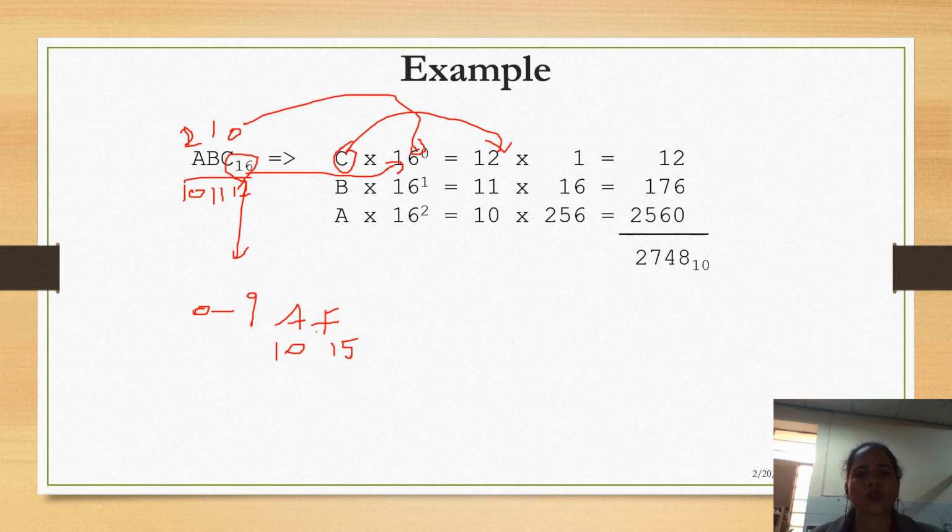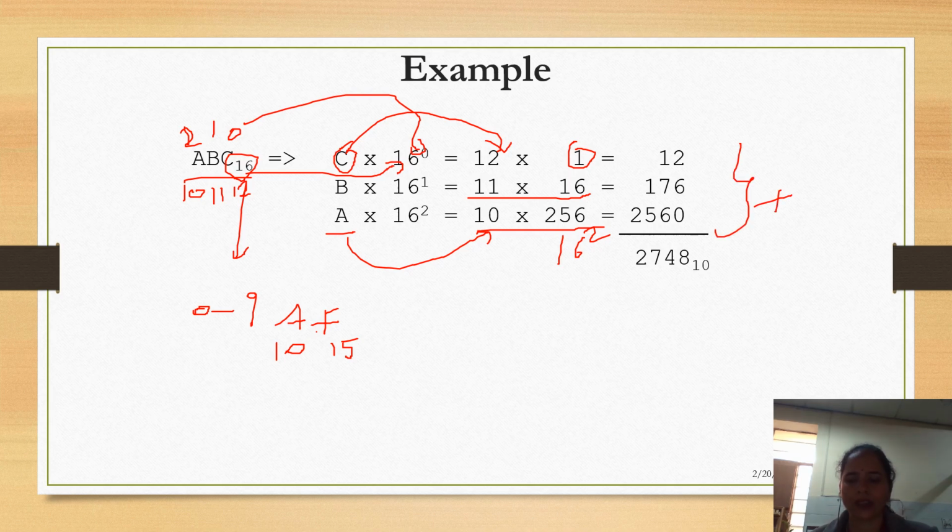So we replace C with 12: 12 multiplied by 16 to the power 0, which means 1. Now B is 11, so 11 multiplied by 16. Same with A, which is 10: 10 multiplied by 16 to the power 2. By adding all these values, we get the result.